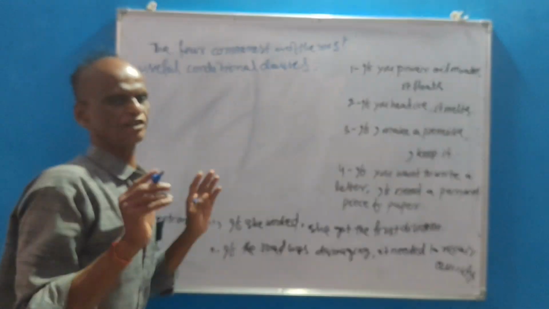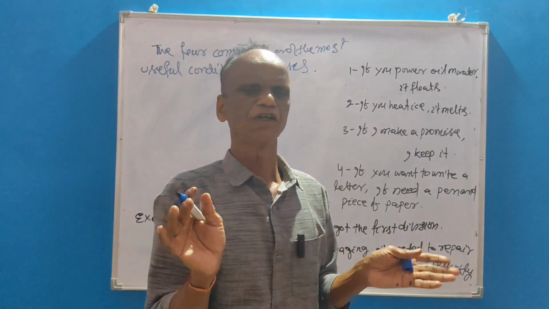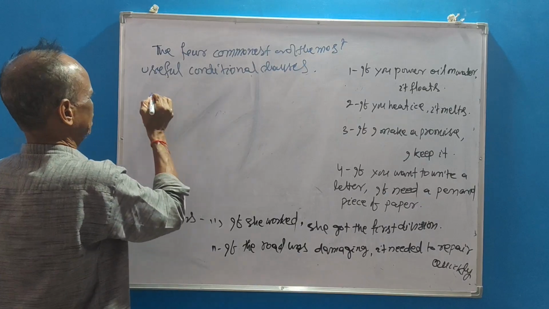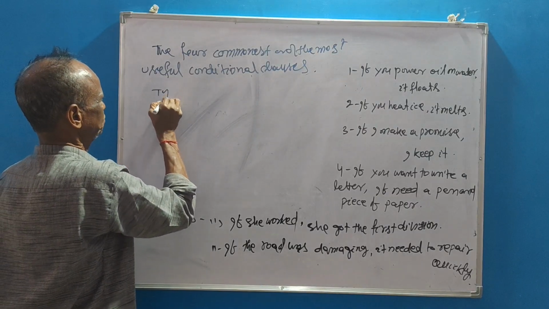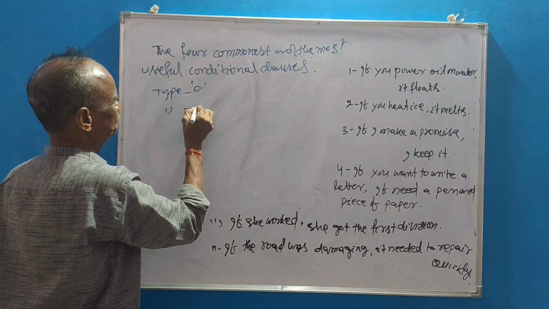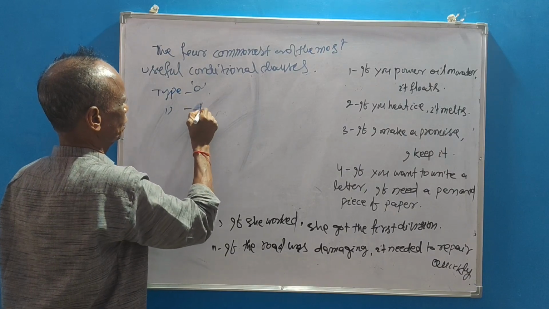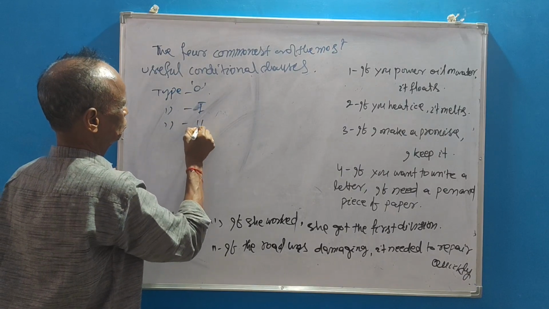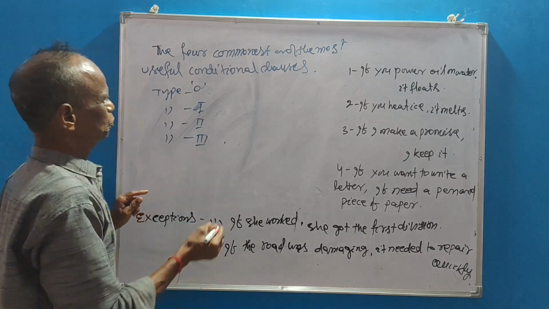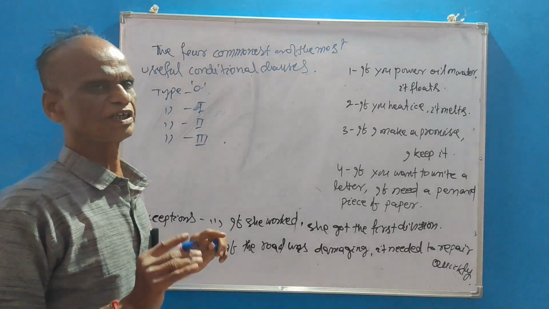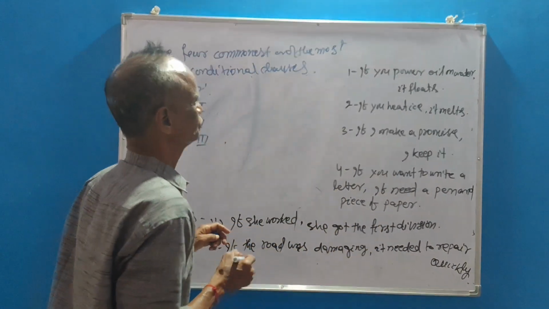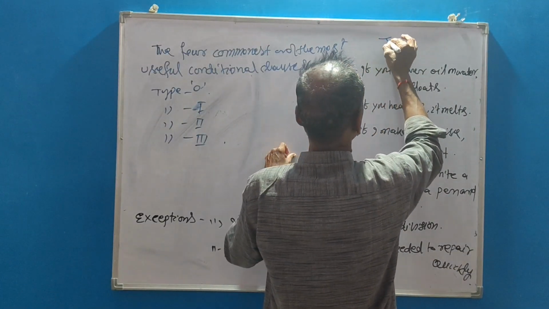There are four conditional clauses which are very useful and commonest or important, such as type 0, type 1, type 2, type 3. Four types of conditional clauses, which is very important and useful.